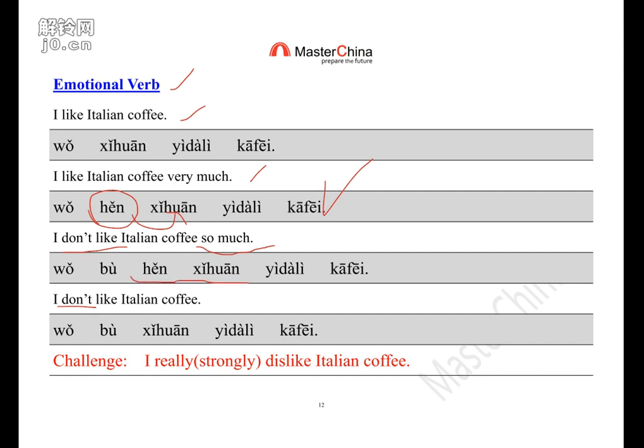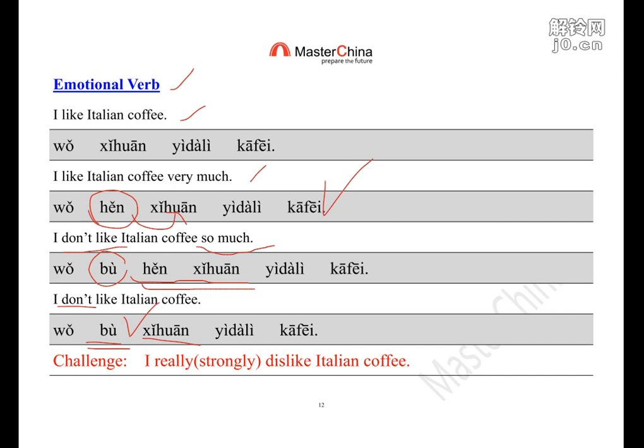So 很喜欢 is very much like, not very much like. That's why we put 不 before 很, not before like, not very like. Next one, I don't like. 我不喜欢. So no degree here. I know you totally deny it.